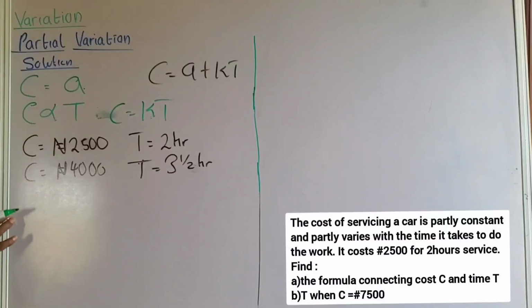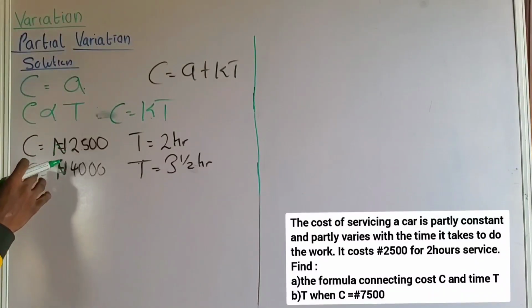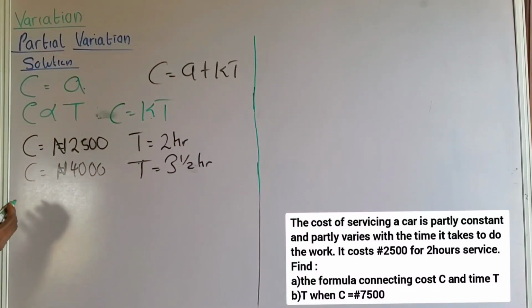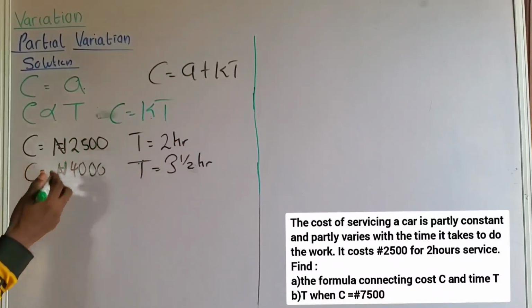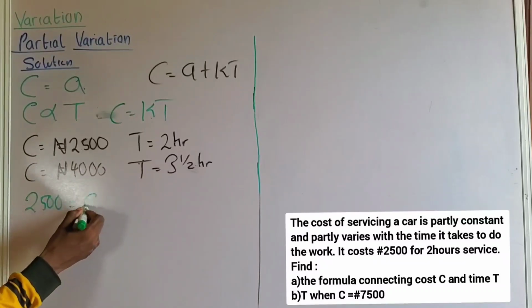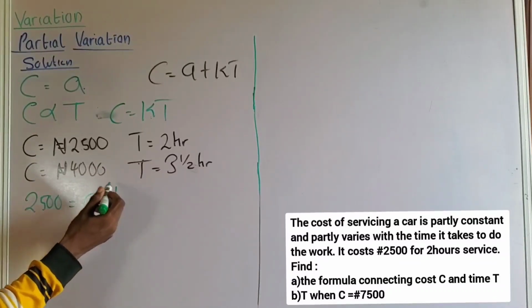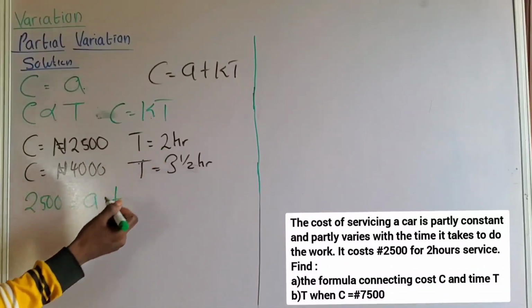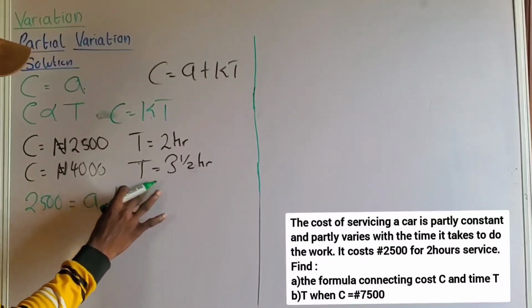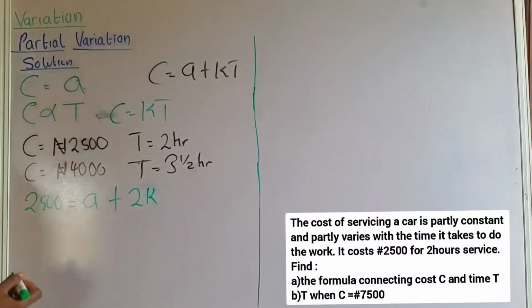Now, with respect to the information that we've been given, we can easily find the value of A and K. When C is 2,500 naira, I'm going to have 2,500 equals A plus, we are given the time as 2 hours, so 2K. K is the proportionality constant, okay?